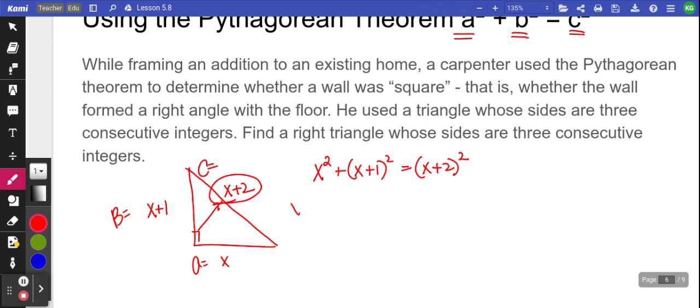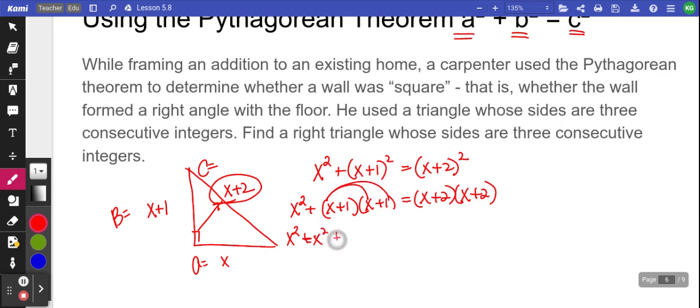So this one will be fine, leaving it as x squared. Remember that squaring something means to multiply it by itself. And then I'm going to bring down this x squared, FOIL these real quick. x squared plus 1x plus 1x plus 1, x squared plus 2x plus 2x plus 4.